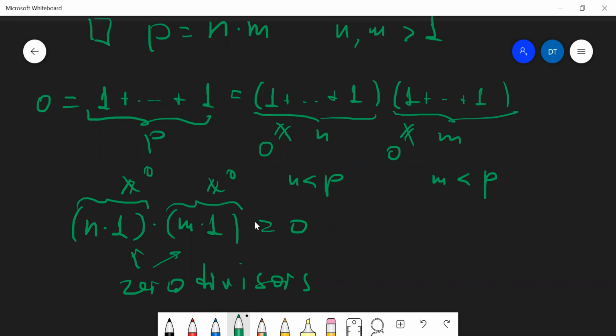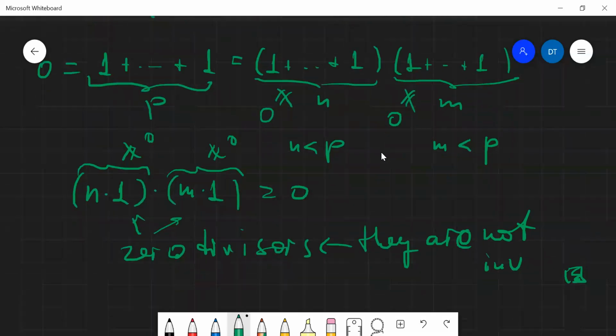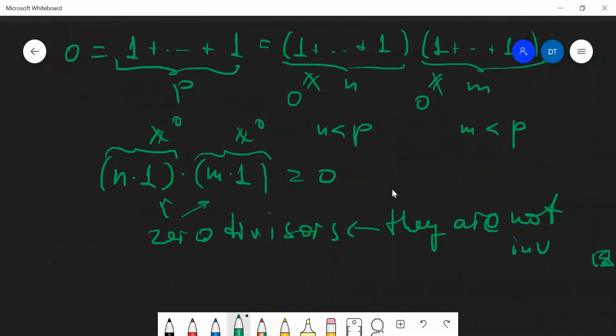But 0 divisors are not invertible. This contradicts the fact that every non-zero element of a field is invertible. So that's it. That's the reason why the characteristic of a field must be prime.